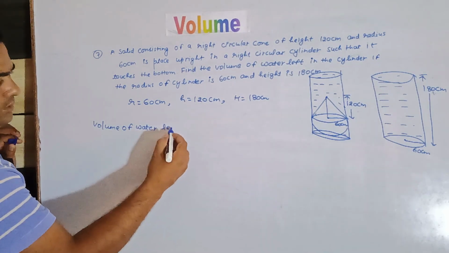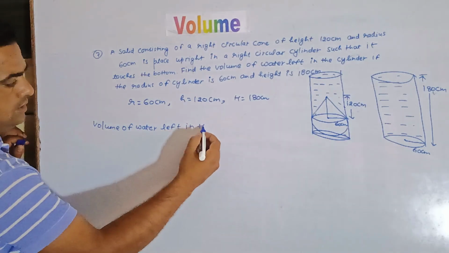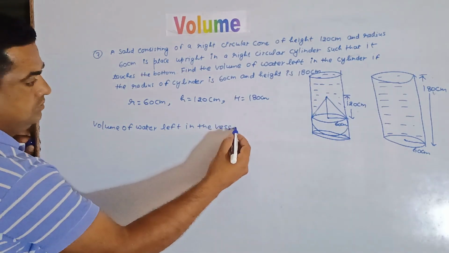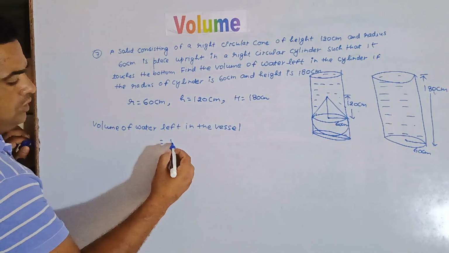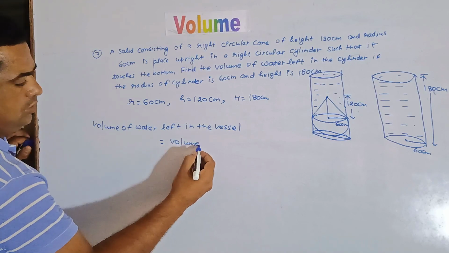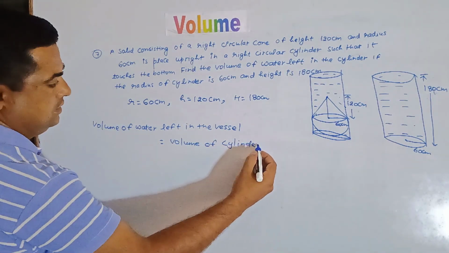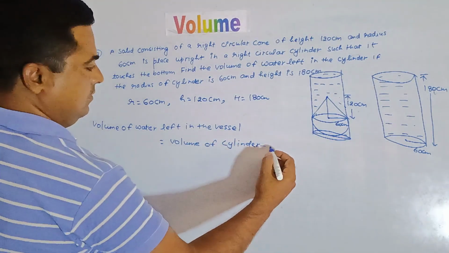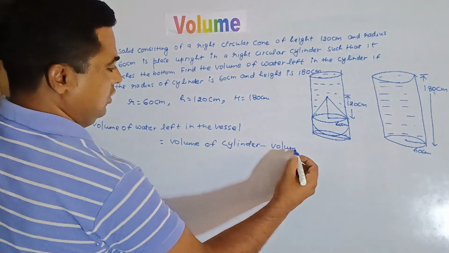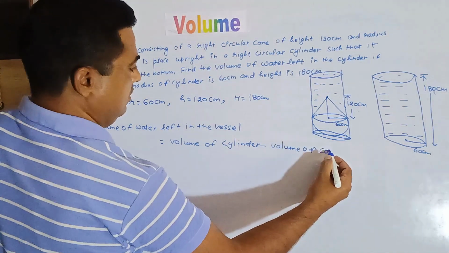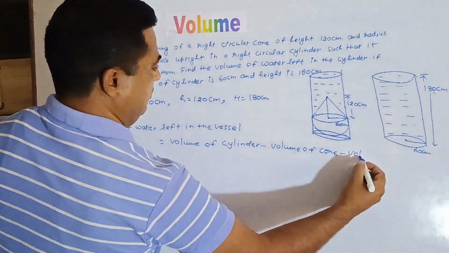left in the vessel. This will be volume of cylinder minus volume of cone minus volume of hemisphere.